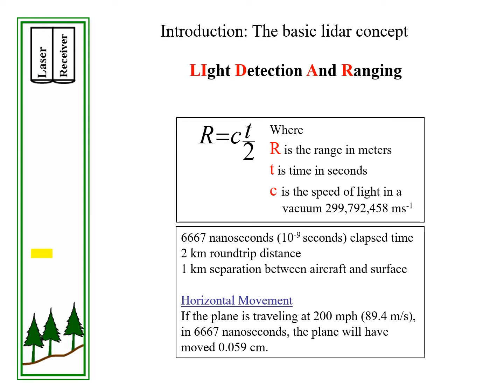If the plane is traveling at 200 miles per hour, so that's 89.4 meters per second, in 6,667 nanoseconds the plane's only moved less than 6/100ths of a centimeter. So not very far at all. And that's just because light is so tremendously quick.